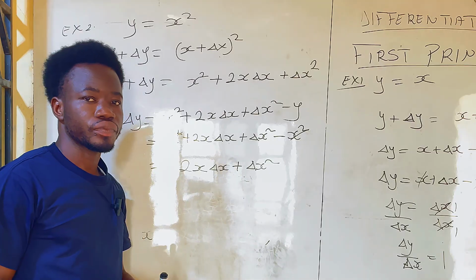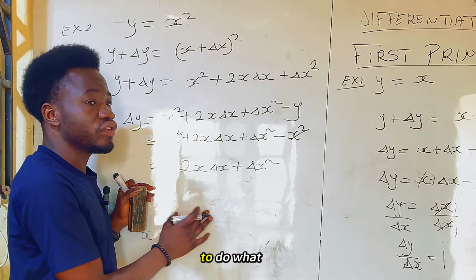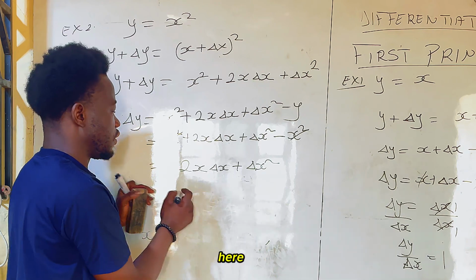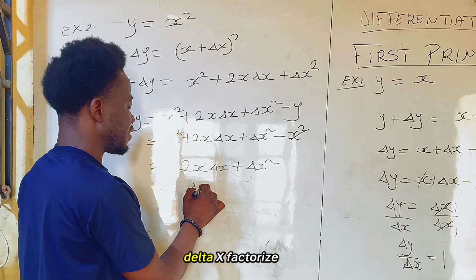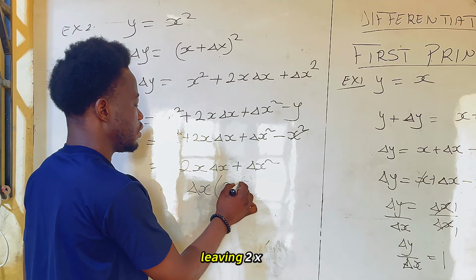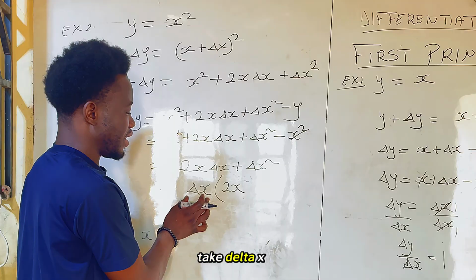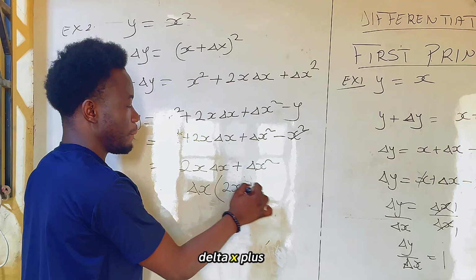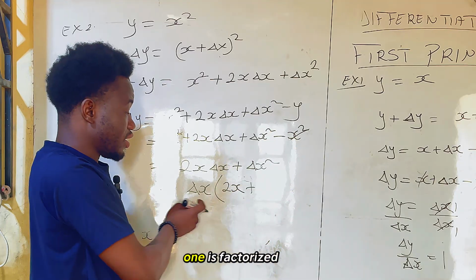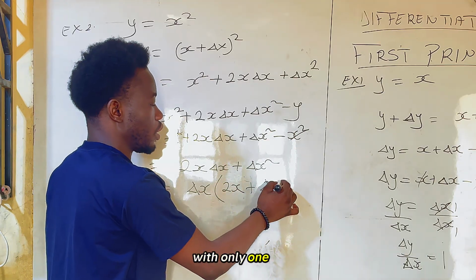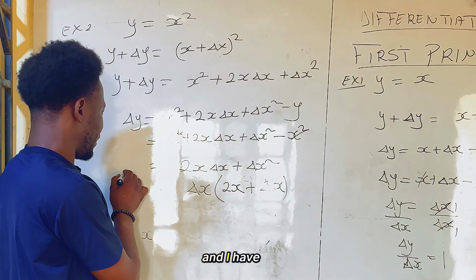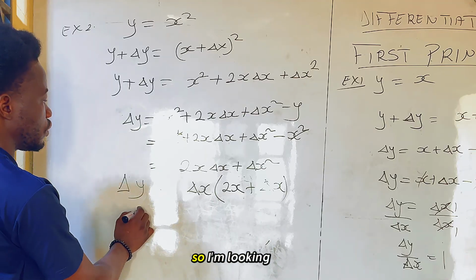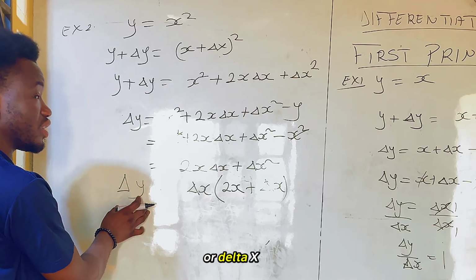Hope you're following. Now we have this. We are going to do what we call factorization, because we have delta x there and delta x there. So delta x is factorized out, leaving 2x. When I take delta x multiplied by 2x, I get 2x delta x, plus, this was delta x squared, one delta x is factorized out, leaving only one delta x. And I have my delta y still on the other end. I'm looking for delta y over delta x, actually.